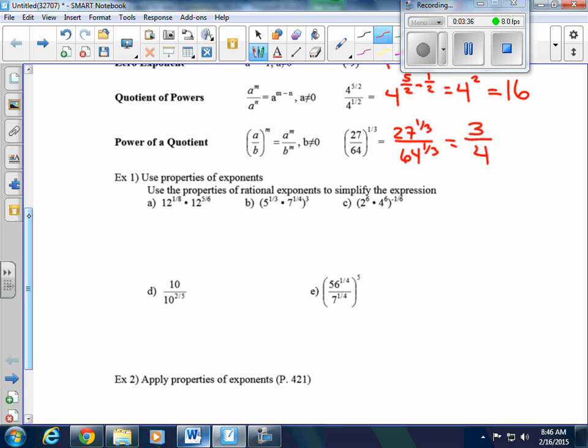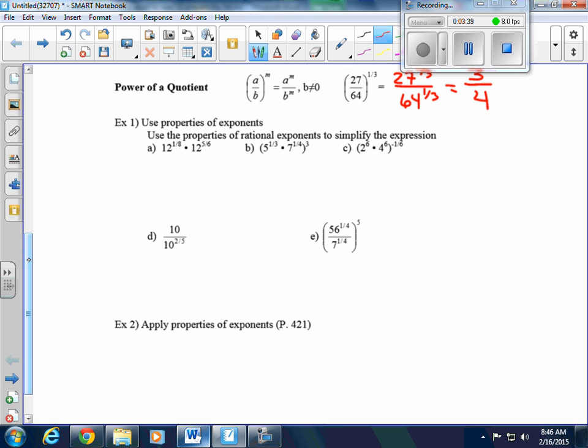So let's go through a few of these examples in example 1. And again, we have to use the properties of rational exponents to simplify these expressions. So we have 12 to the 1/8 times 12 to the 5/6. So we are going to add those exponents. However, in this case, we don't have a common denominator, so we're going to need to get one.